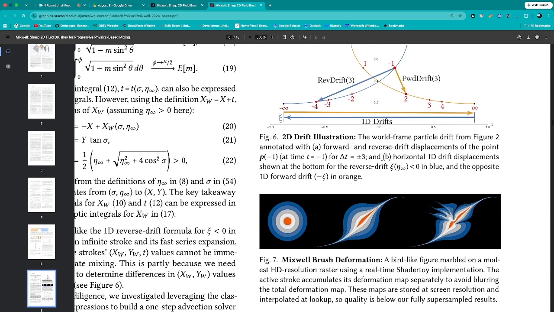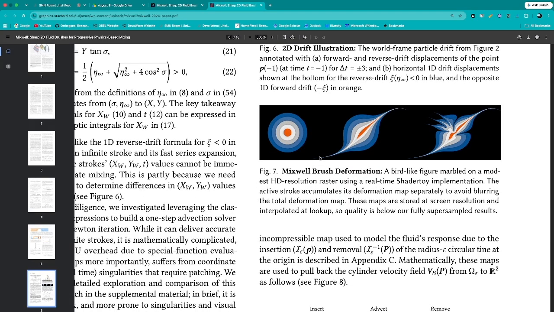And then they show the Mixwell brush deformation, which is in figure 7. This is a bird-like figure marbled on a modest high-dimensional resolution raster using a real-time shader toy implementation. So this is going from this cylinder to this bird-like figure by this process.